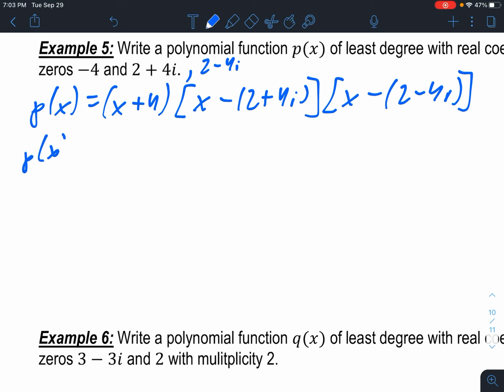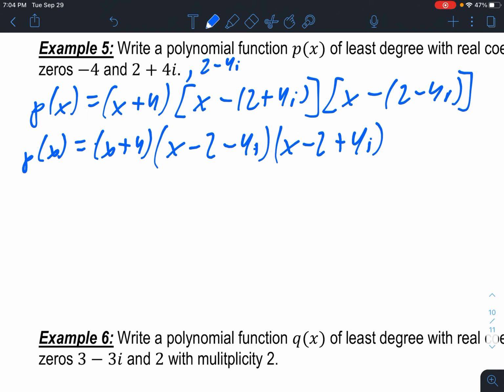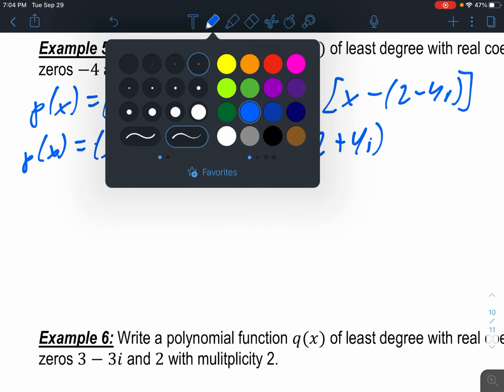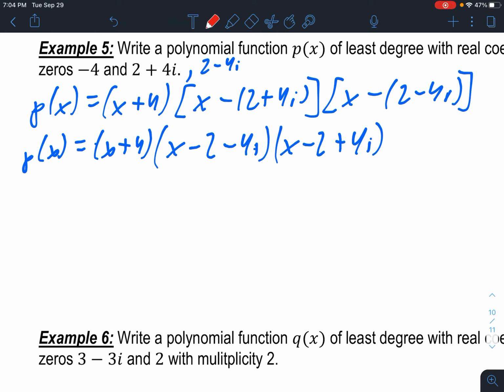First, I'm just going to simplify by distributing those 2 negative signs. Now I'm going to multiply together the 2 imaginary parts, leaving the x plus 4 out in front.